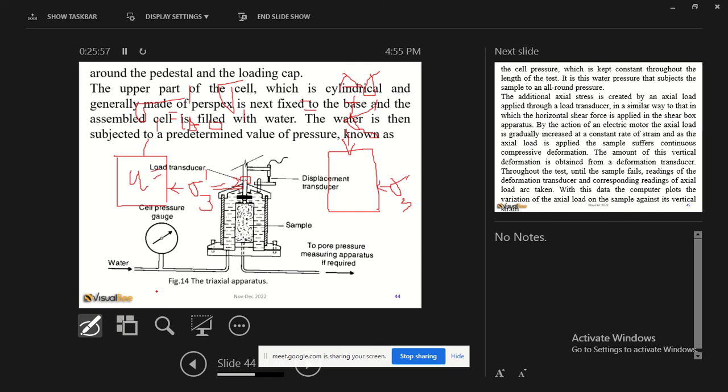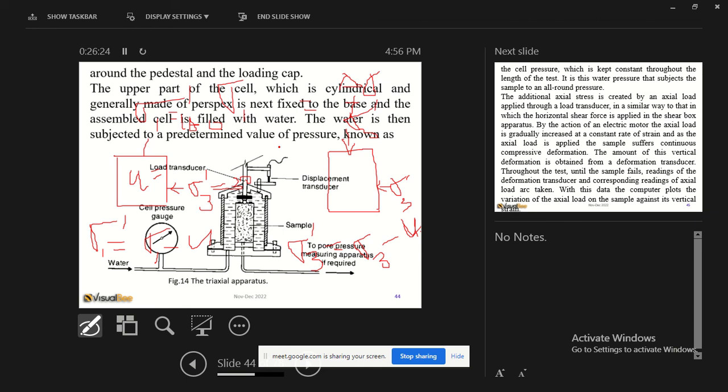The idea here is that if you want sigma 1 prime, you can easily get it, because what you are measuring is total stress, and you are measuring everything, so that would be total stress minus the pore water. Again, sigma 3 prime would be sigma 3 minus the pore water. All these values can be derived from the test.